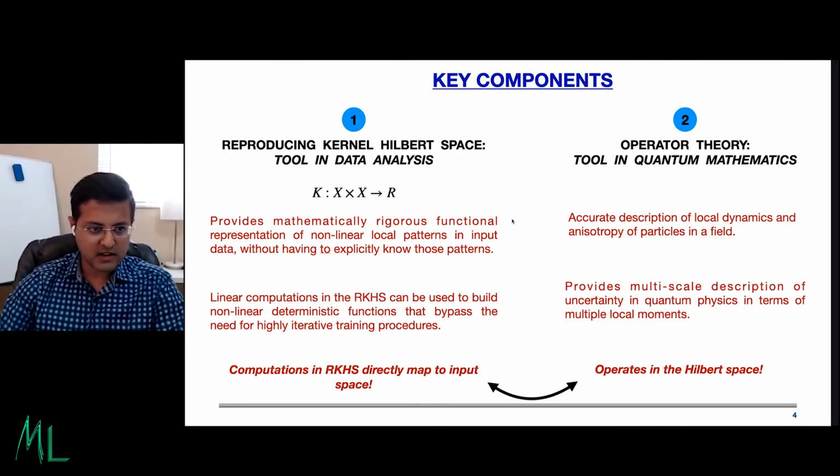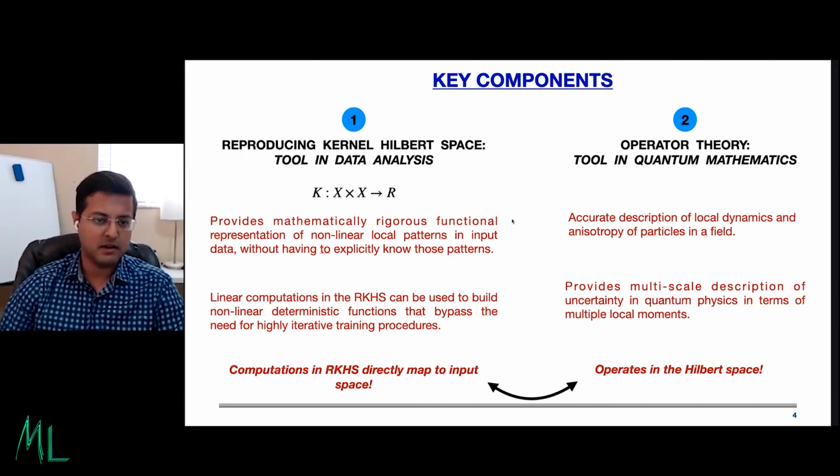So the reproducing kernel Hilbert space basically provides a very mathematically rigorous functional representation of nonlinear patterns in input data without having to explicitly know those patterns. And according to the Moore-Aronszajn theorem, it is constructed using a symmetric non-negative kernel function K that operates on the inner product of the input space and maps it to a real number.